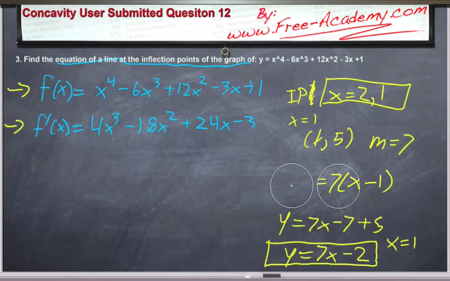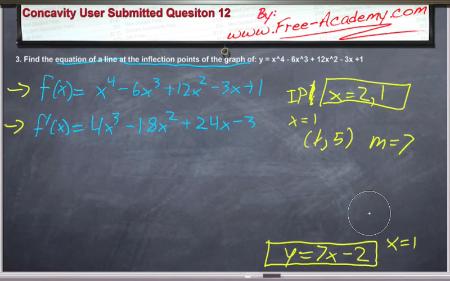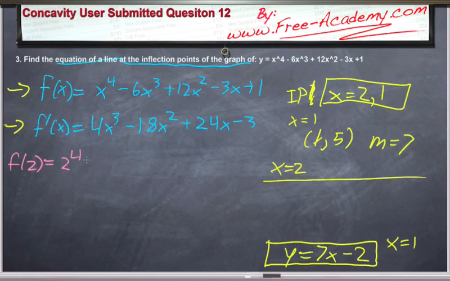Now let's do the same procedure for x equals 2. So we'll start out by finding f of 2, which is equal to 2 to the 4th minus 6 times 2 to the 3rd, plus 12 times 2 squared, minus 3 times 2, plus 1.